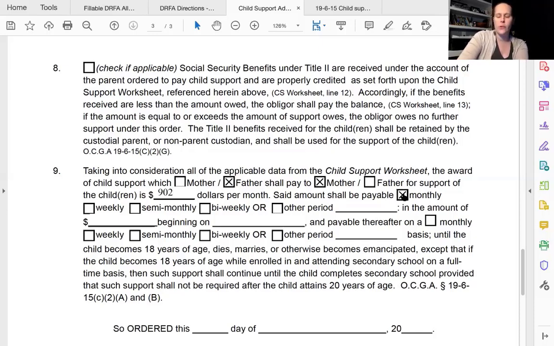When I come to agreements with people, generally we're picking semi-monthly in the amount of, so if you did it semi-monthly, then it's going to be $451, right? Because you're going to do it twice a month, beginning on June 1st, 2020. Okay.